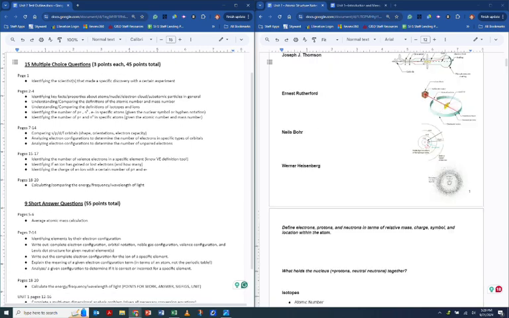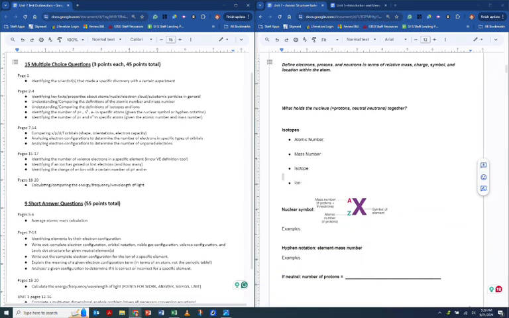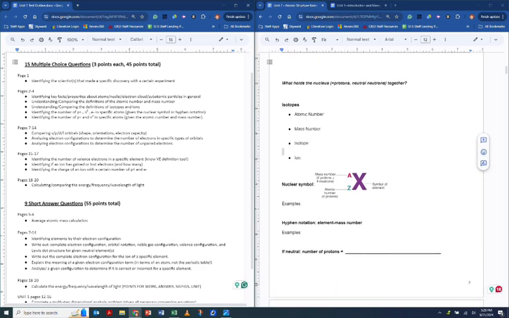And then on page 2, we talked about the basic structure of the atom, all those subatomic particles. You need to be able to compare and contrast their properties, identify some key facts and properties about atoms in general, their nuclei, the electron cloud, putting together what you know about these subatomic particles.